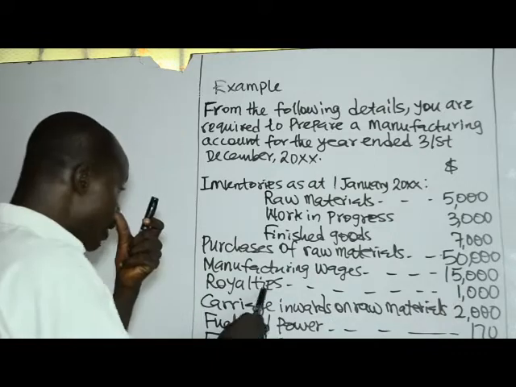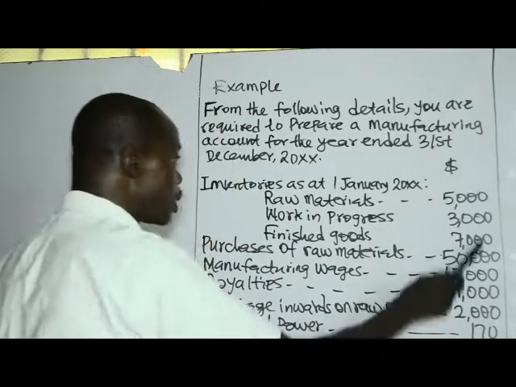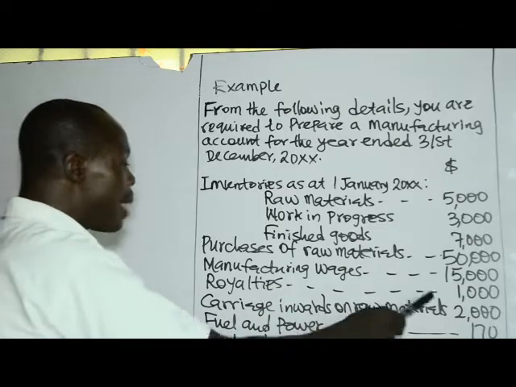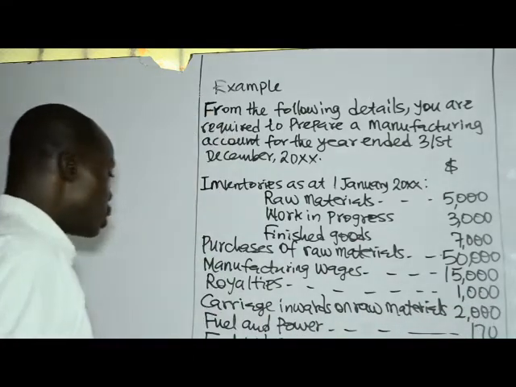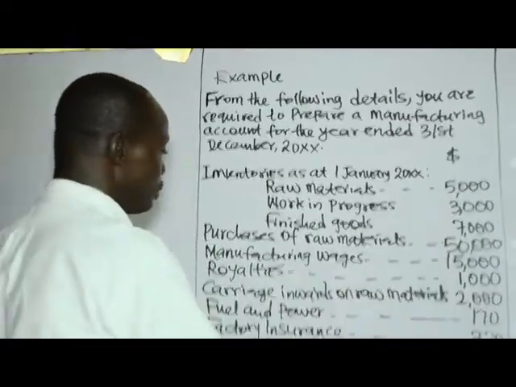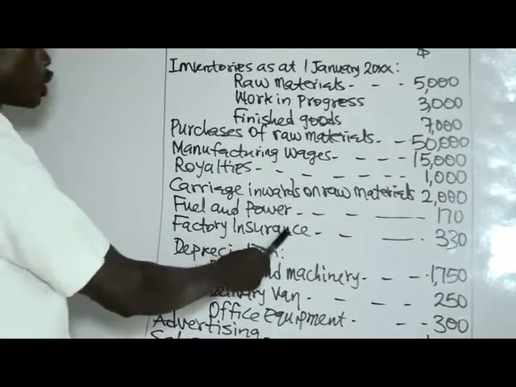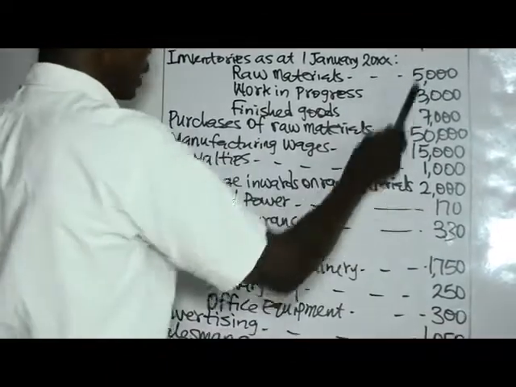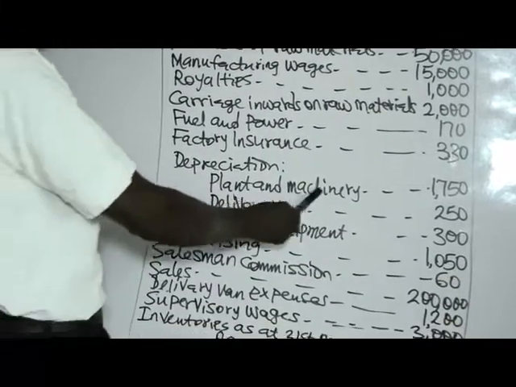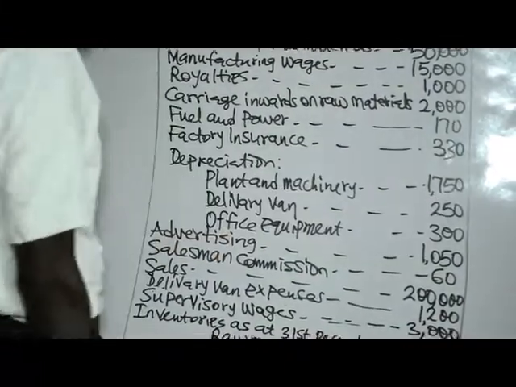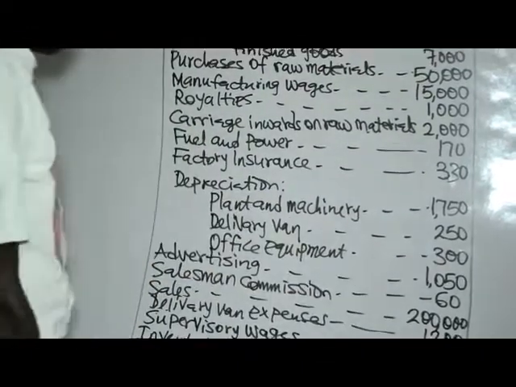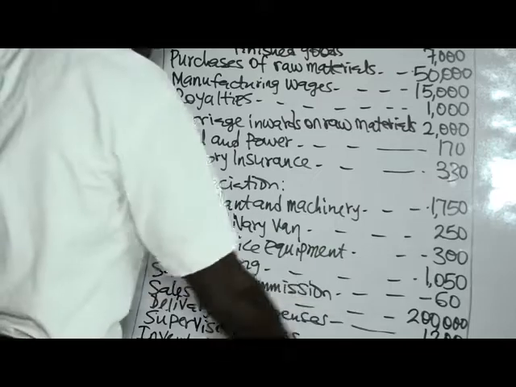We have royalties of $1,000. Carriage inwards on raw materials $2,000. Fuel and power $170. Factory insurance $330. We have depreciation of plant and machinery of $1,750. Delivery van of $250. Office equipment of $300.